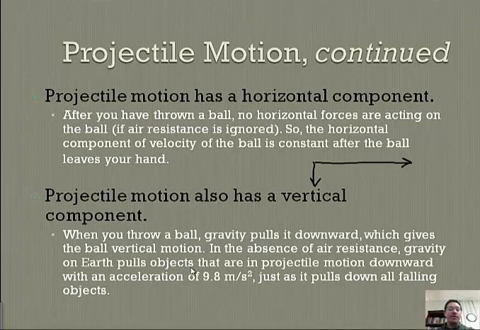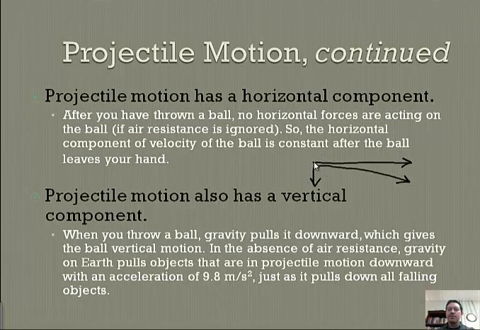The value of this can be calculated, 9.8 meters per second squared, and it pulls this object at the same acceleration all the time as long as you're close enough to Earth. So when we've got this horizontal component and this vertical component interacting, we end up getting this curved path down to the Earth, basically.